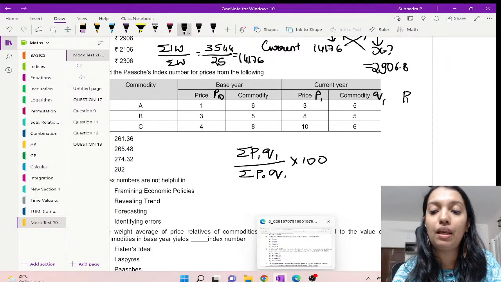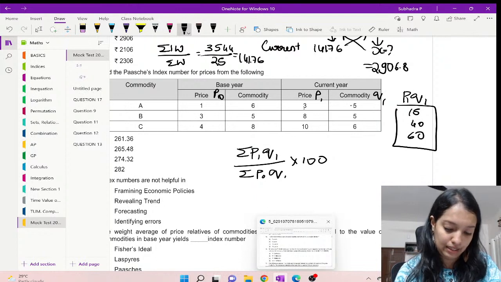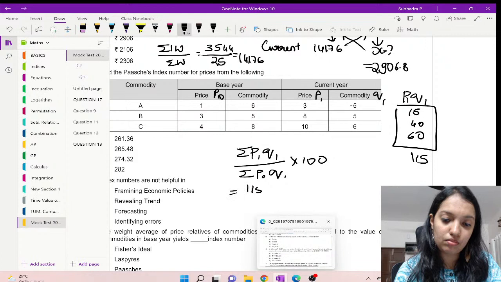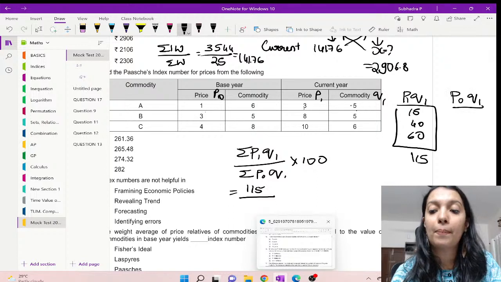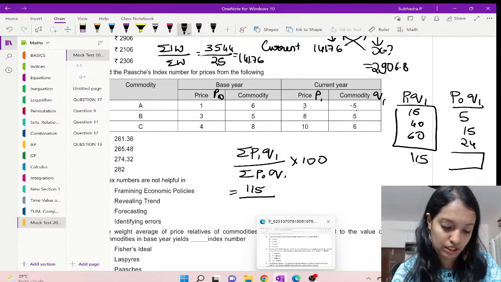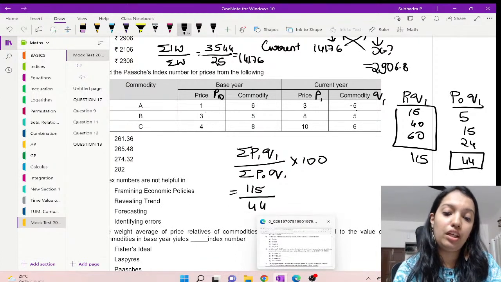First P1 Q1, multiply them: 15, 40, 60, add them: 115, divided by P0 Q1, multiply them: 5, 15, 24, add them: 44, into 100.